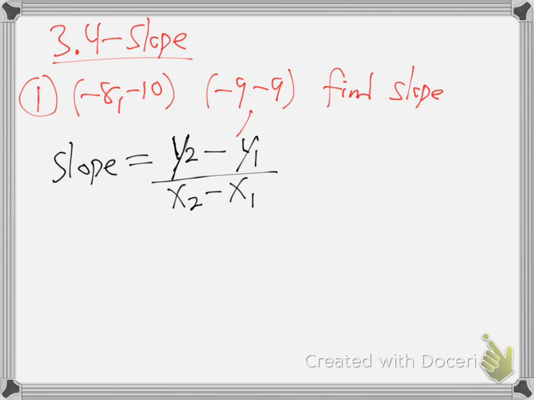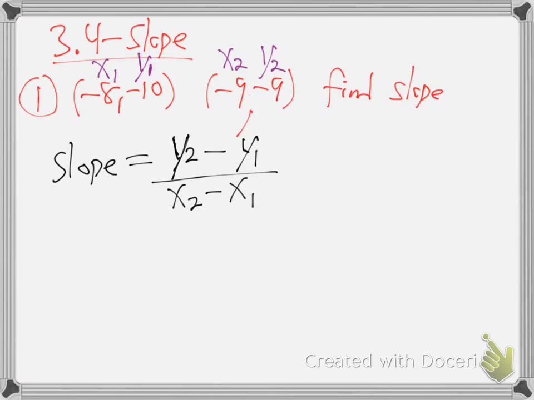And so now what is that y2, y1, x2, x1 stuff? It's these things. x1, y1, and x2, y2. Is that making sense?